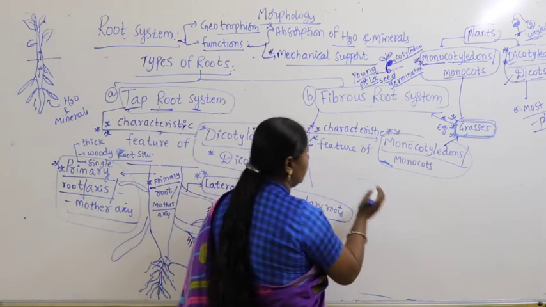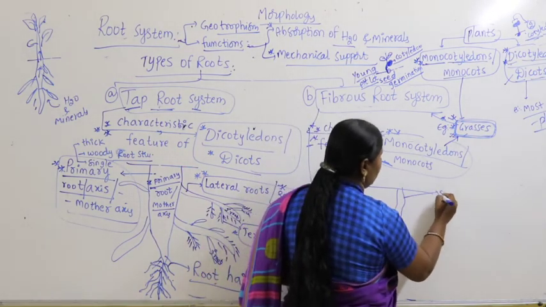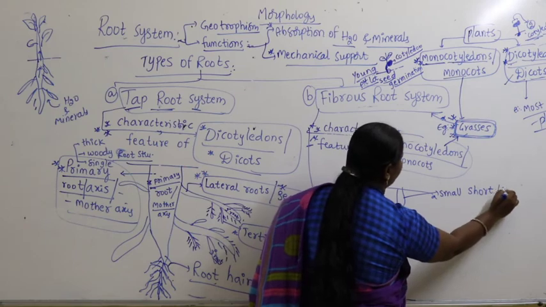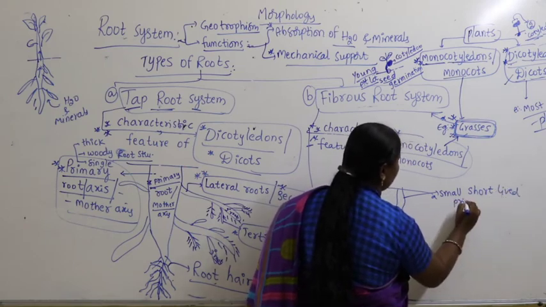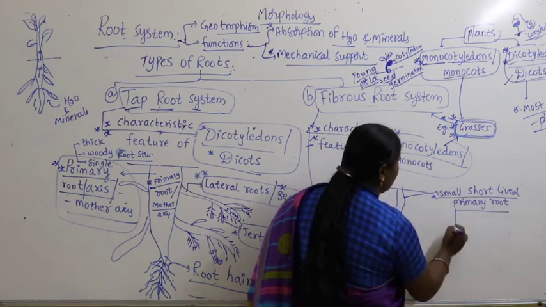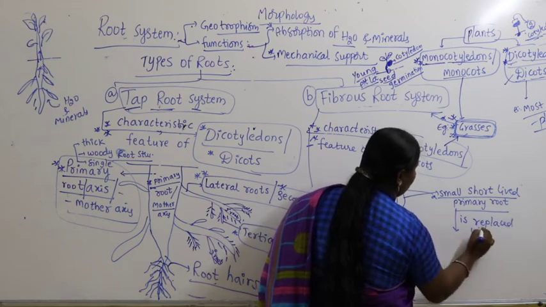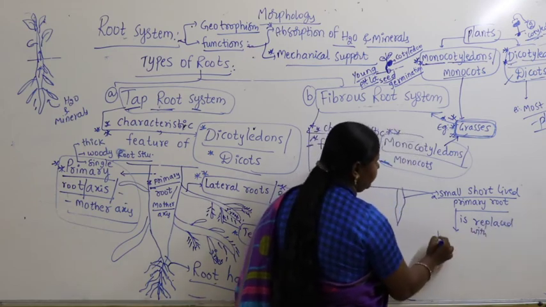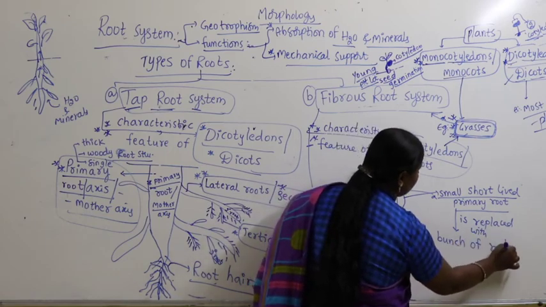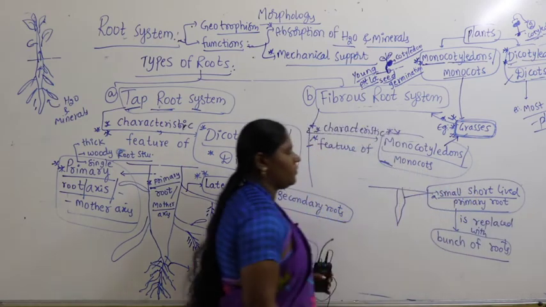Then what is a fibrous root system? At the stages of development, initially a small, short-lived primary root is replaced with a bunch of roots called the fibrous root system.